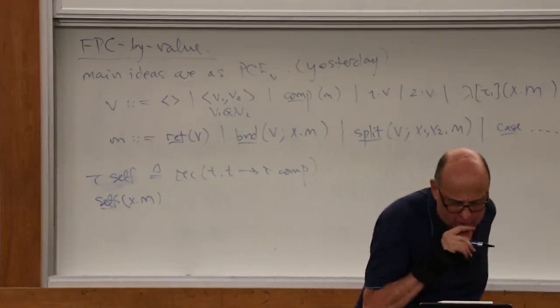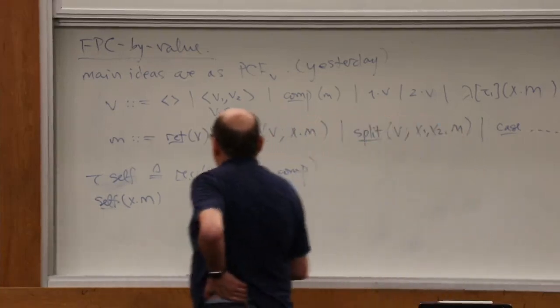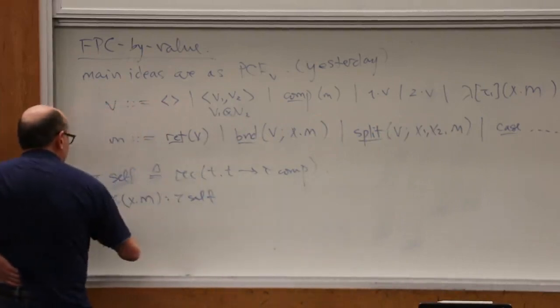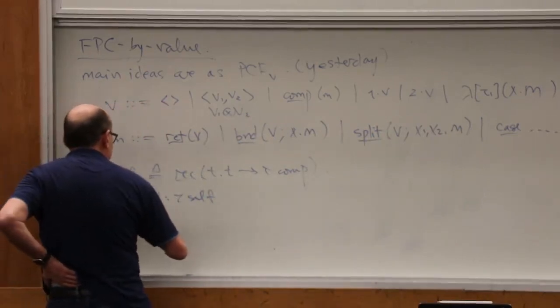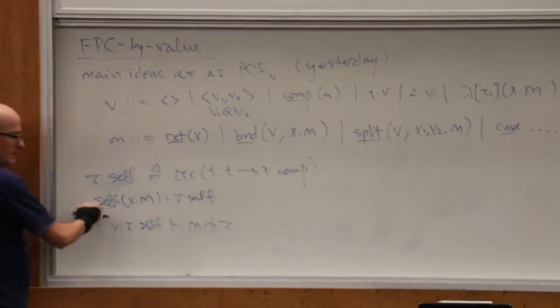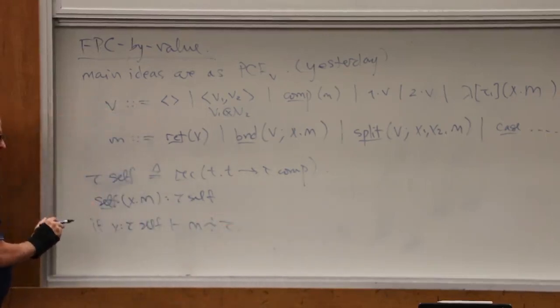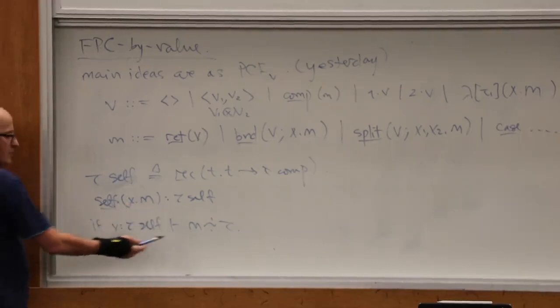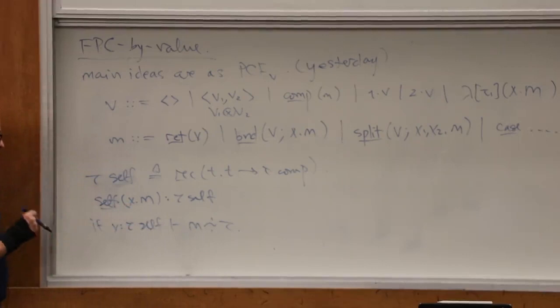I believe that's what I set up here, right? Okay, and that's going to be a tau self, and I want that to be the case when, assuming x is a tau self, that's a value, then m is weakly of type tau. That's the difference in the setting. Because when I unfold it, it's going to do some work, so it's only weakly of that type.